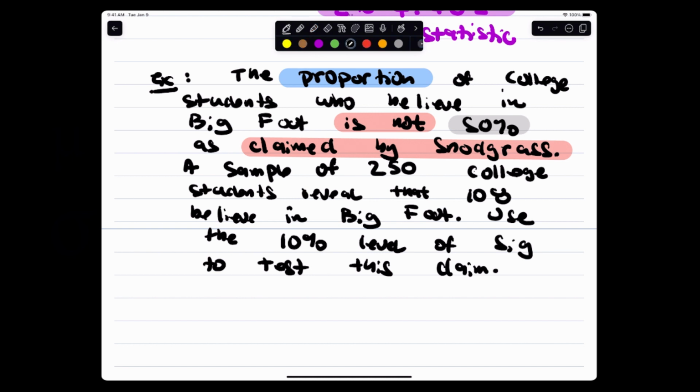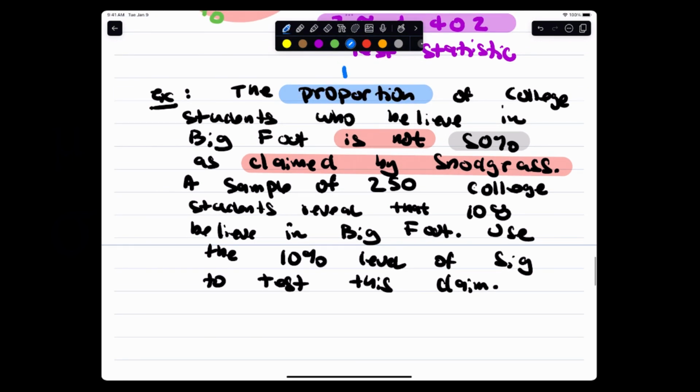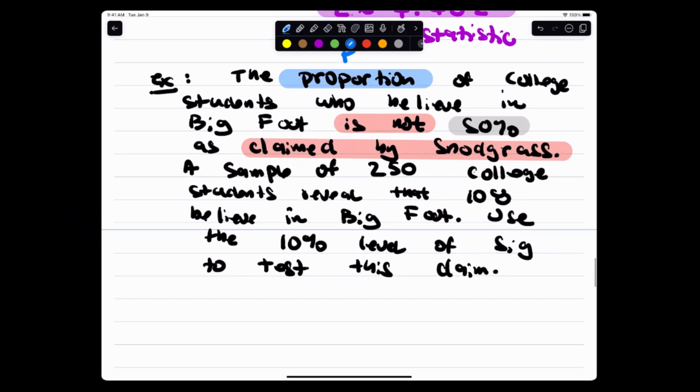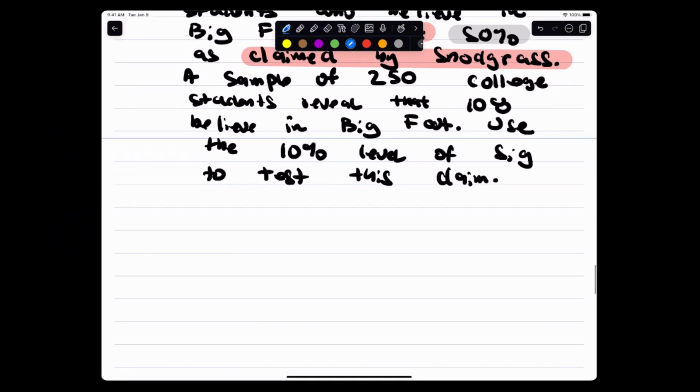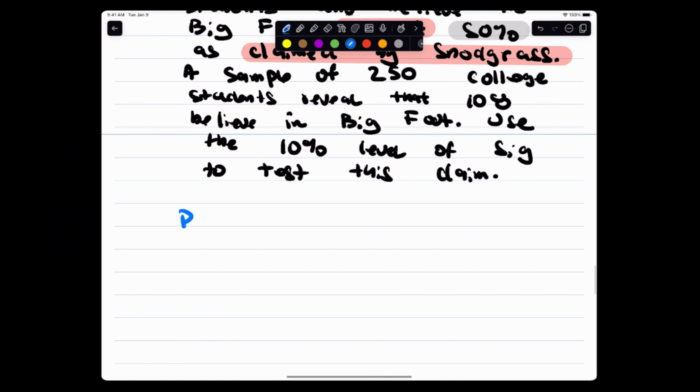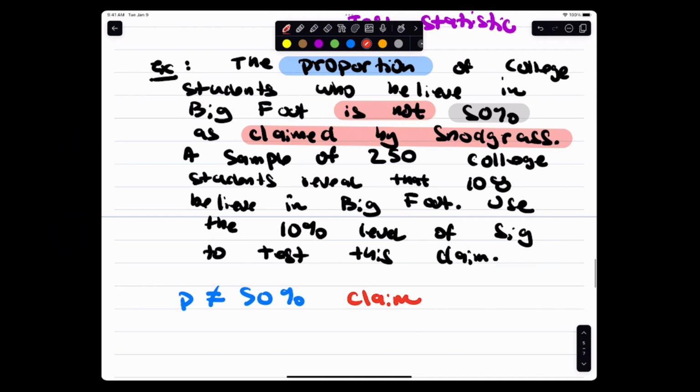Okay, so let me write this down. The proportion P of college students who believe in Bigfoot is not 50% as claimed by Snodgrass. So we're going to put P is not 50%. And what is this? This is the claim.